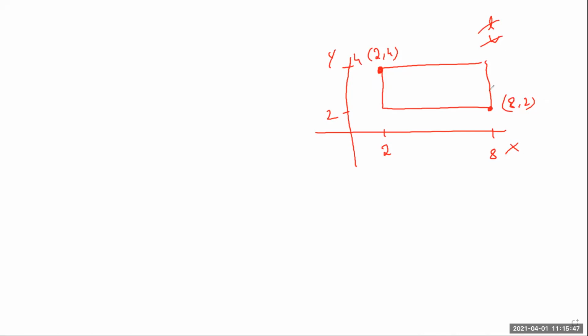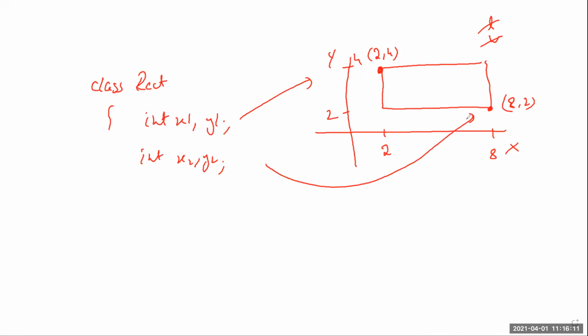If I show you this illustration and ask you to implement it in C++, one possibility could be that you make a class rectangle with 4 integers, x1, y1 for the top point, and x2, y2 for the bottom point.